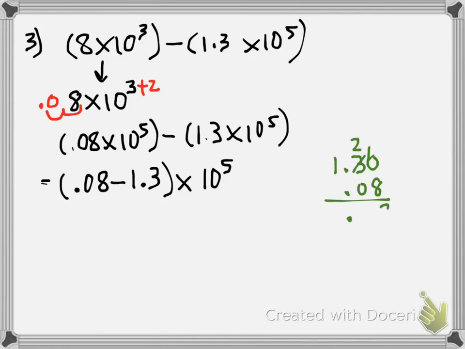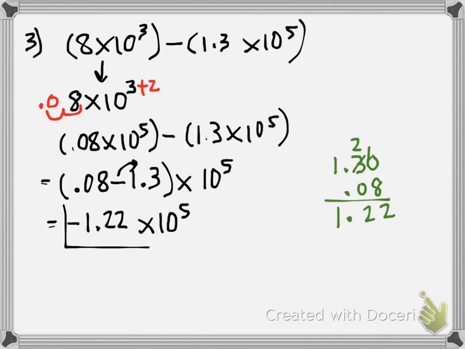I get 10 take away 8 is 2. 2 take away 0 is 2. And then I have a 1. So the answer, because this guy was negative, I get negative 1.22 times 10 to the 5th. Again, my answer did not need any adjusting.